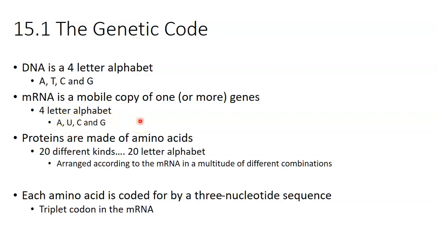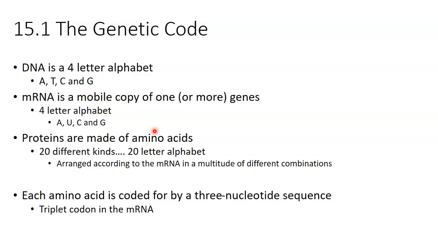Okay, so then that mRNA mobile copy goes out to the cytoplasm. It's read by a ribosome, and we'll talk more about that process. That ribosome is going to build a protein based on the message. And we know that proteins are made up of amino acids. So amino acids are going to be the monomers that are put together to form a polymer.